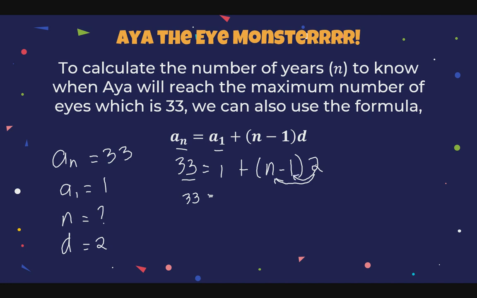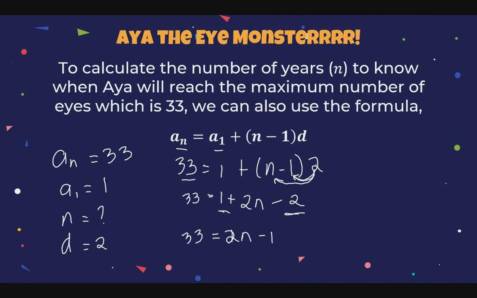So just copy 1 plus 2 times n is 2n, minus 2 times negative 1 is negative 2. So let's combine similar terms, which are 1 and negative 2. So we will have 33 is equal to 2n, and 1 plus negative 2 is negative 1.